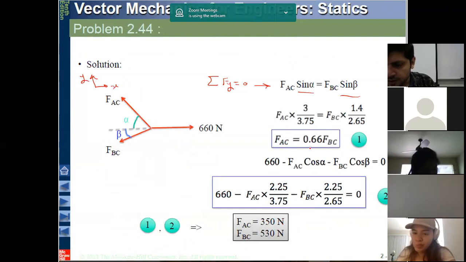So the first equation gives us the proportion between the two forces, two cable forces.